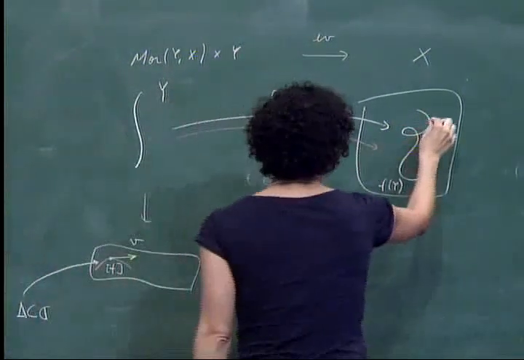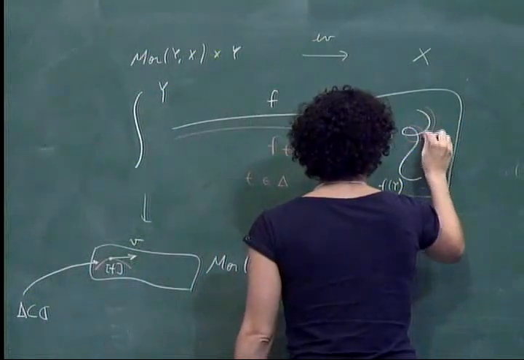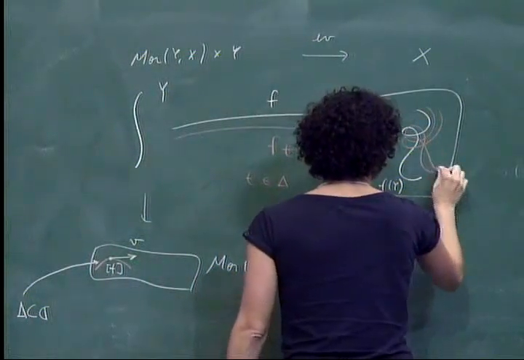So we have a morphism, and then we have here the image of Y under these new morphisms.